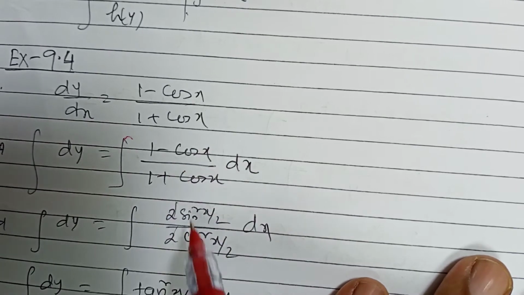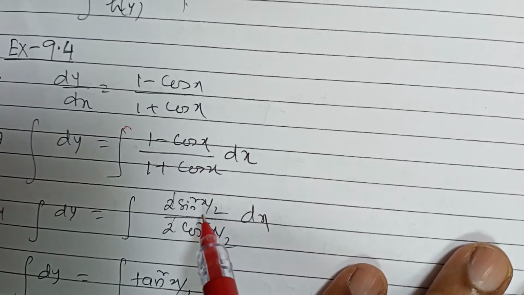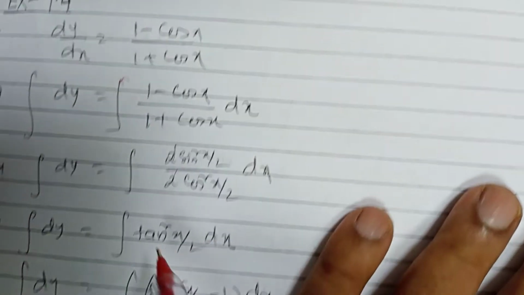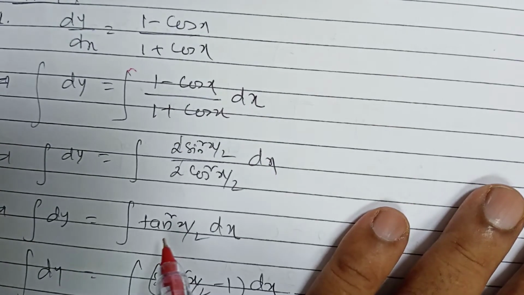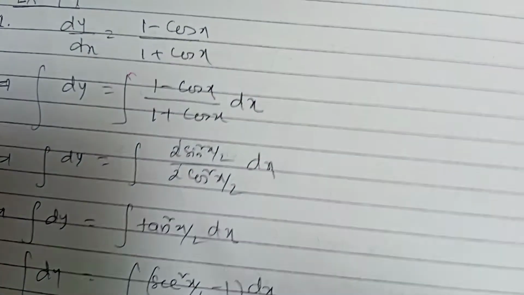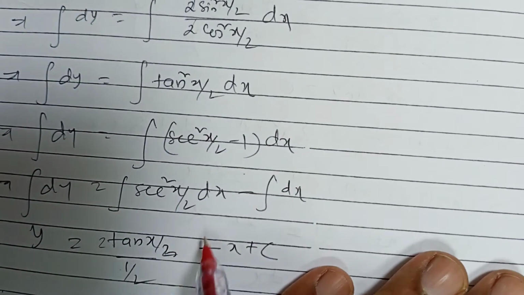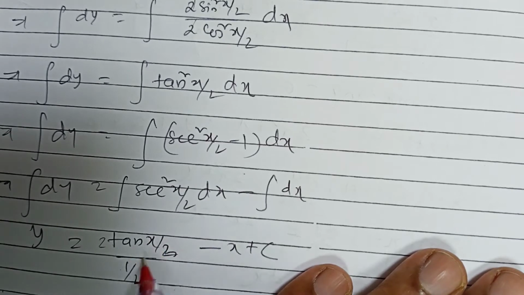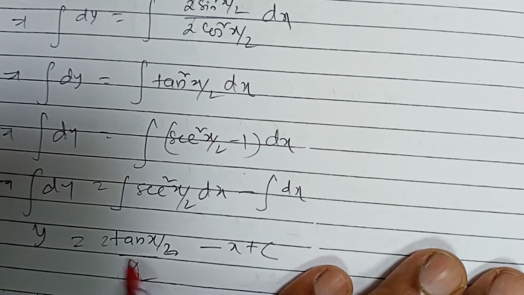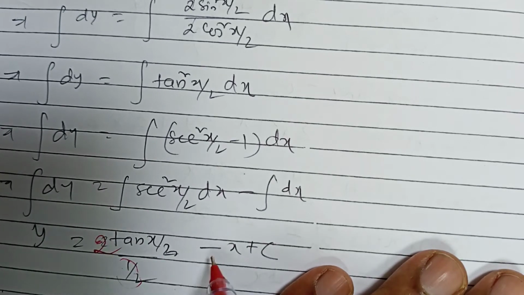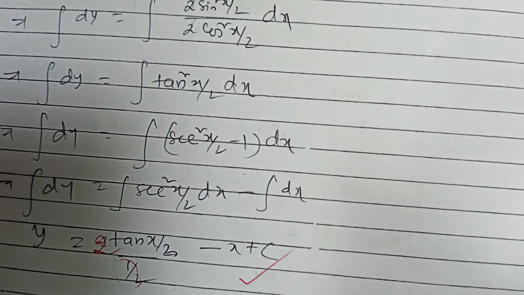So naturally we know 2 sin square x by 2, 2 cos square x by 2, tan square x by 2. We cannot integrate tan square x by 2 directly. We have to change it into sec square x by 2 minus 1. Then you have to go for integration. Sec square x by 2 will be tan x by 2 divided by half. The coefficient you have to divide, so that half became 2 here, minus x plus c. This way we can solve.